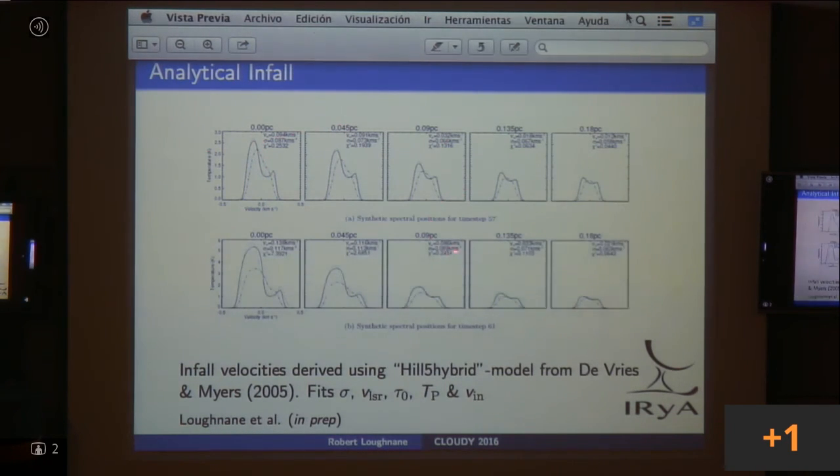The 1 to 0 transition wasn't as self-absorbed as we would have liked, and the reason is the background density of the simulation. The background density is 10 to the 4, so the self-absorption trough is relatively high. And it was very high for the HCO+ 1 to 0 due to its critical density.